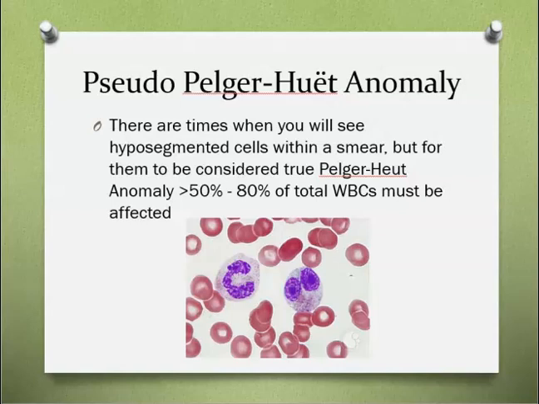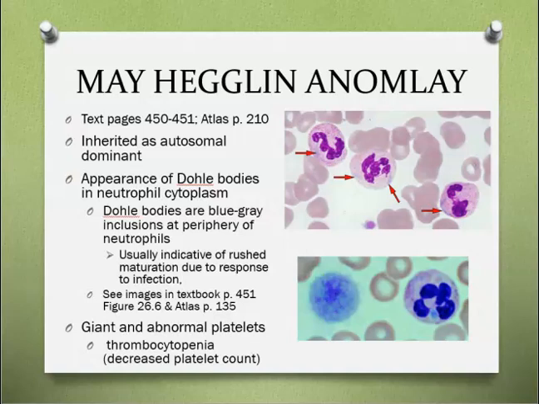If you just see 1 or 2 random hyposegmented cells, or cells that look like little glasses or dumbbells, that's not true Pelger-Hewitt. At least 50% or more cells have to be hyposegmented in order for it to be considered true Pelger-Hewitt anomaly. So if you just have a few random ones, it's pseudo Pelger-Hewitt anomaly.